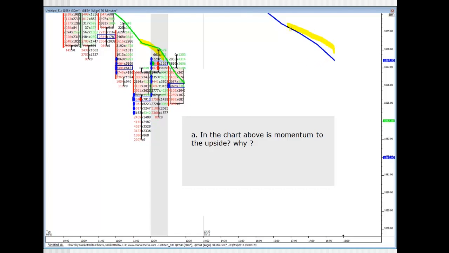And if you take a look, the 5 simple moving average is pointing down and is in fact below the 20 simple moving average with a rather significant gap between them. Momentum is definitely not to the upside. Momentum is to the downside. So that answers the question of where does momentum appear to be.